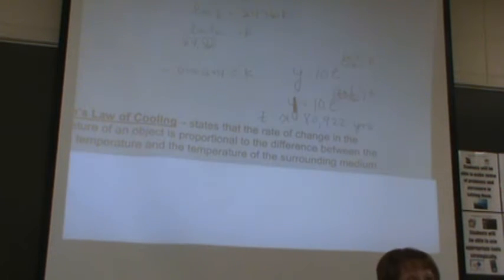You bake a cake, you take it out of the oven, you sit it on the counter. Is it going to cool faster on the counter or in the freezer? What do you think? In the freezer, because the temperature differential is different, right? So it's going to cool faster depending on its surrounding area. And that's Newton's law of cooling.